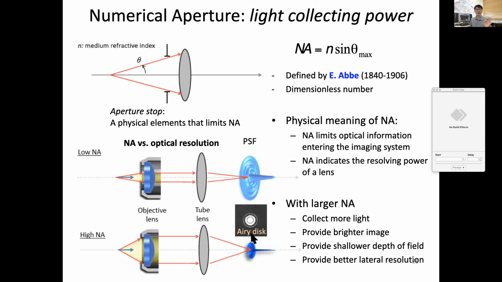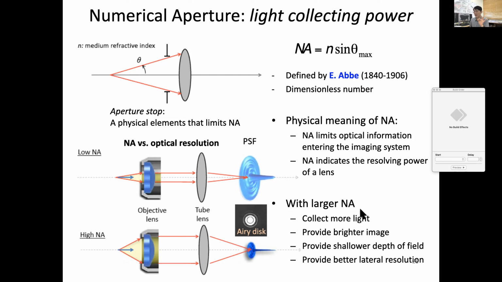So that was discovered and named by Airy. So we call it an Airy disc. The size of the central disc really determines your optical resolution because a tiny point becomes this disc. So the smaller the disc here, you have high resolution that actually comes from high NA.